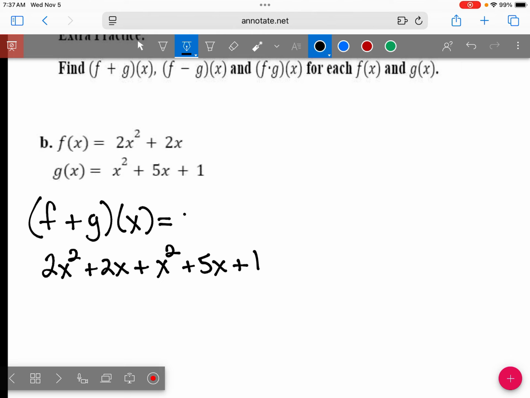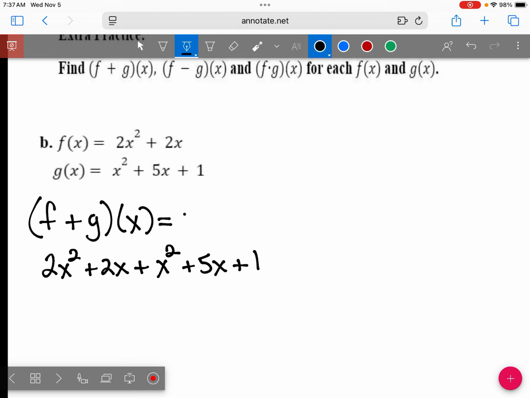So remember, for addition, the only thing we're doing is combining our like terms. That's it. So looking at that, we got a couple like terms.